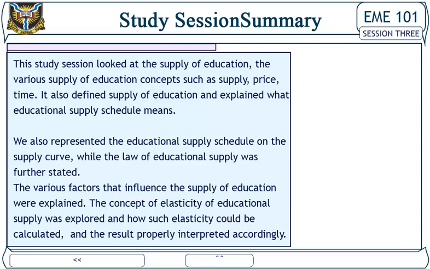The various factors that influence the supply of education were explained. The concept of elasticity of educational supply was explored and how such elasticity could be calculated and the results properly interpreted accordingly. End of study session 3.